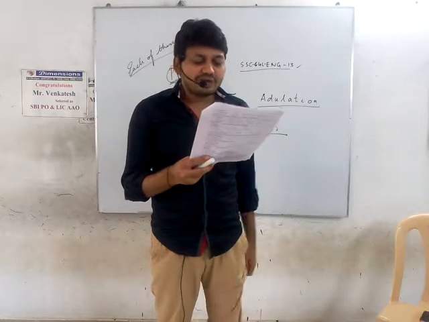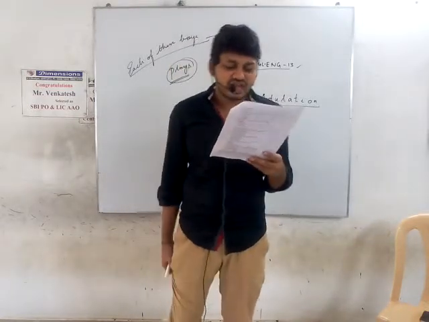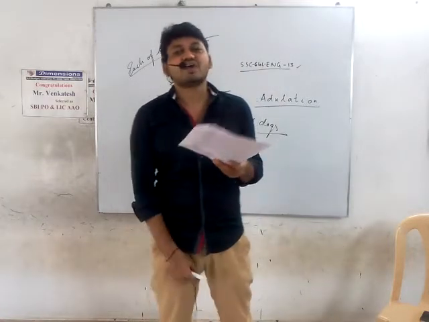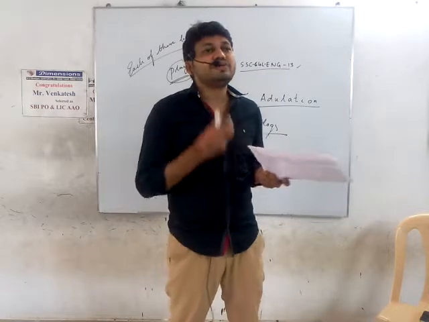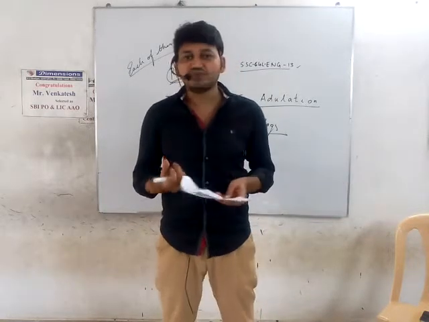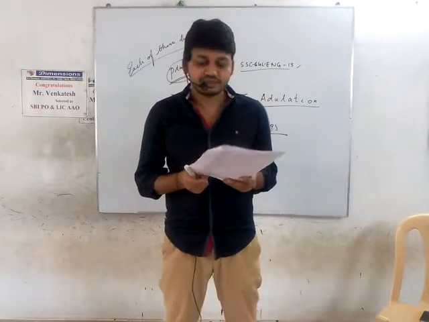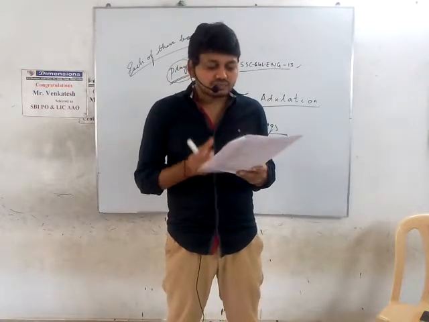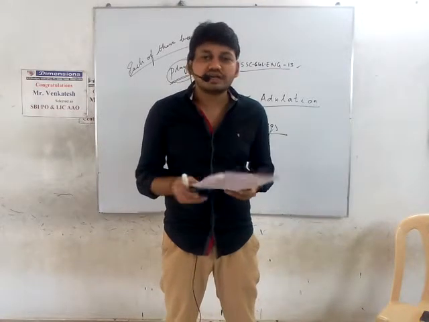Next one: "I don't suppose anyone will volunteer, will they?" See, it's a question tag. With question tags, you know, if it's a negative sentence, a positive tag will be there. If it is a positive sentence, a negative tag will be there. Now, in the sentence, is it a positive or negative sentence?